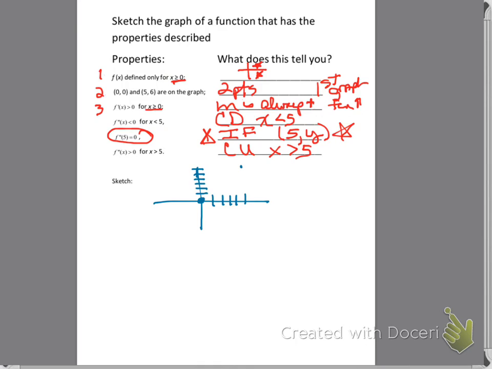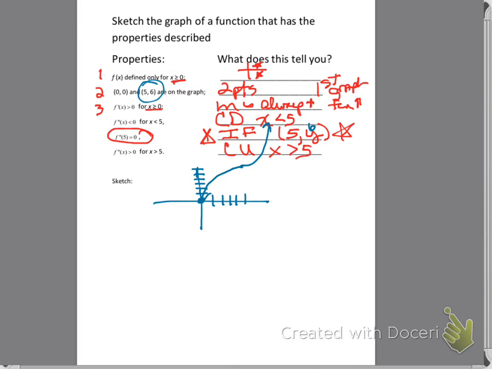I'm going to think about this because I have to do concavity also. I know that the point (5, 6), I recognize that, is an inflection point. That means the concavity is changing. So what do I know? I know that I am concave down up to that point and then concave up after that point.